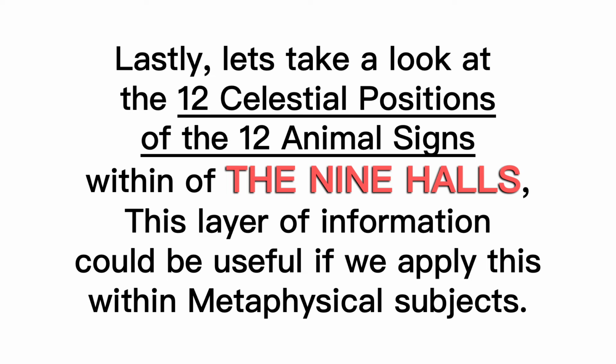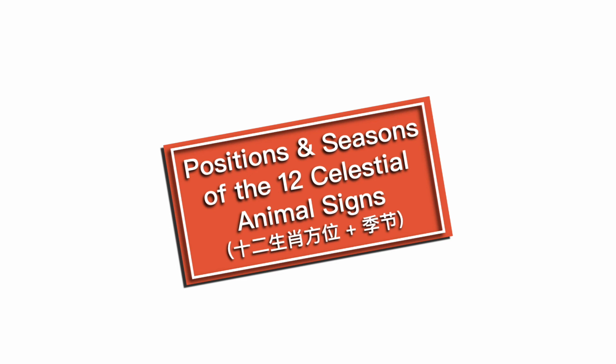Lastly, let's take a look at the 12 celestial positions of the 12 animal signs within the 9 halls. This layer of information could be useful if we apply this within metaphysical subjects. The positions and seasons of the 12 celestial animal signs.